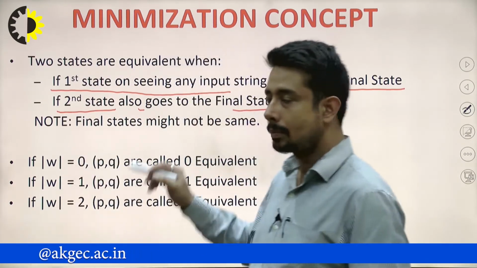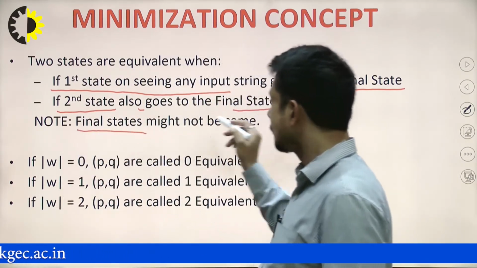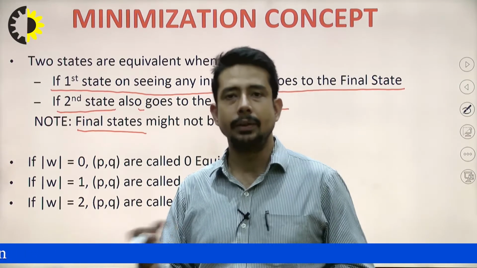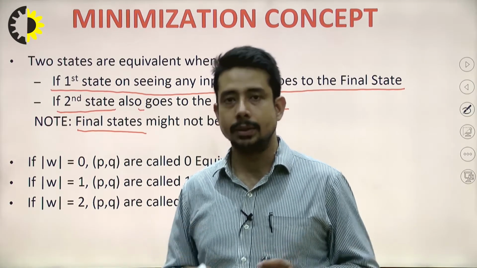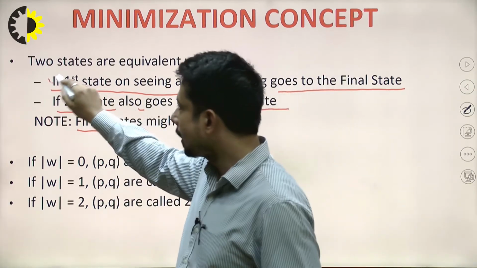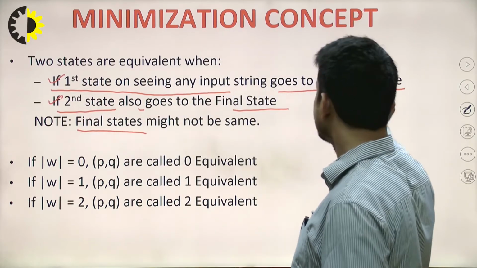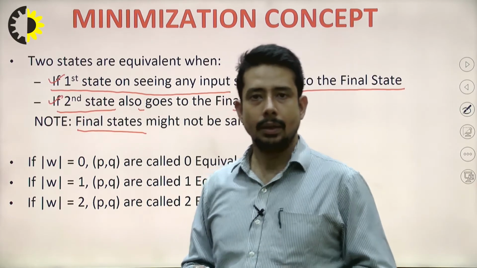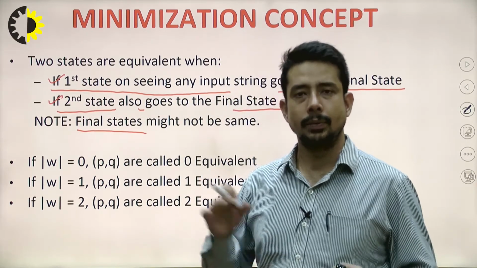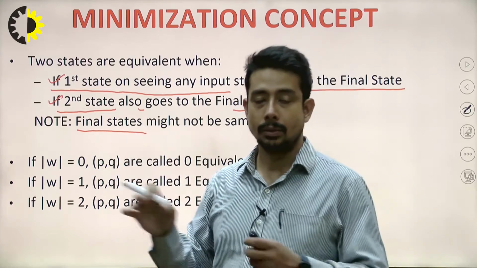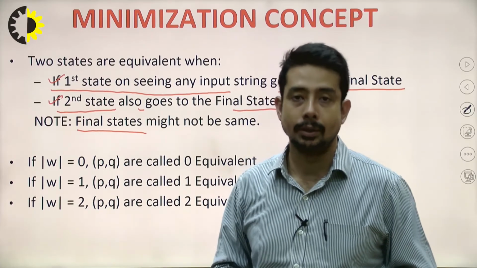Always remember here that the final states might not be the same, maybe they are different final states, but yes, in both scenarios it should reach a final state. This is the theoretical concept; we will look at the diagram and the example, then it will be clear to you all.